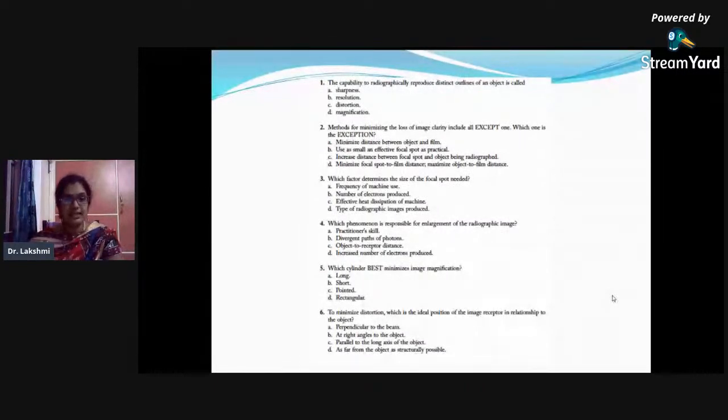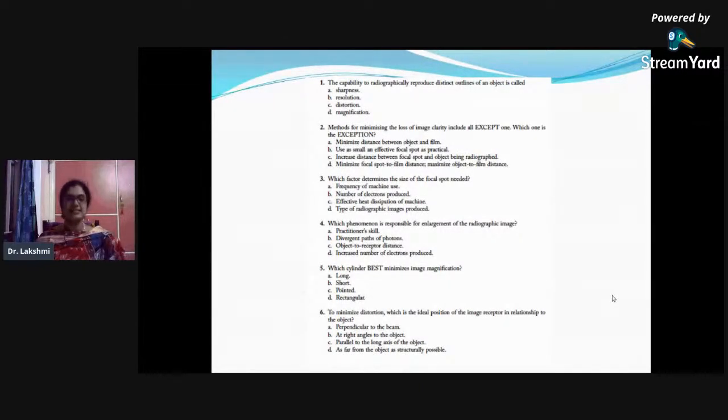Question number 3, which factor determines the size of the focal spot needed? The option is C, effective heat dissipation of the machine. Then question number 4, which phenomenon is responsible for enlargement of the radiographic image? The option is B, that is divergent paths of the photons.